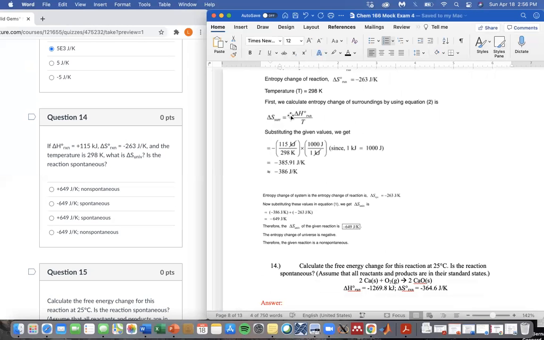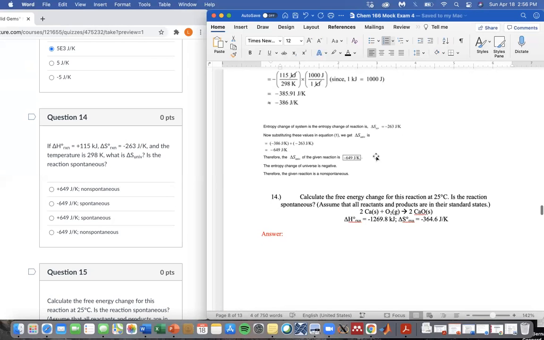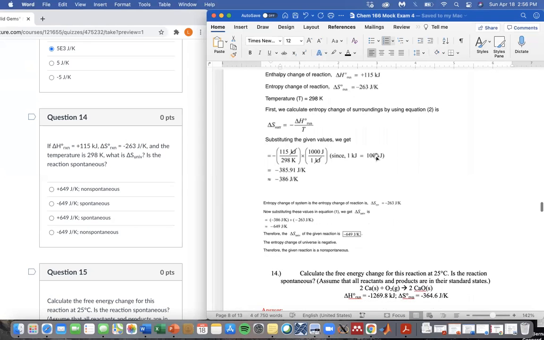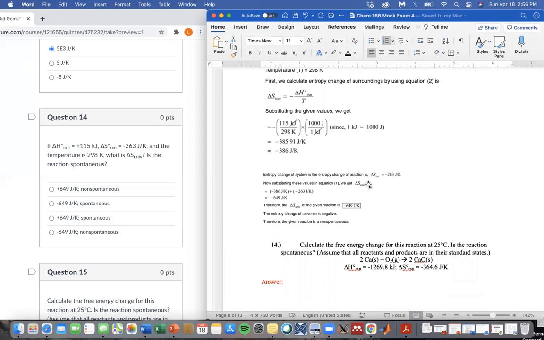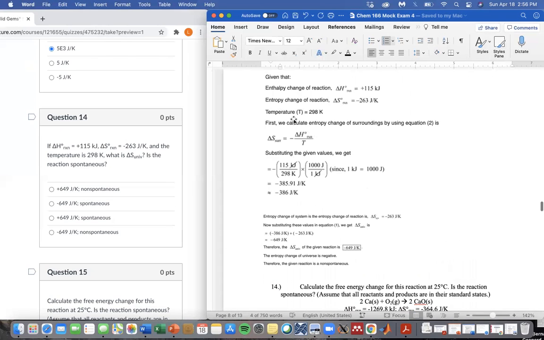So the ultimate equation that you want to end up using is delta S of surroundings equals negative delta H divided by T. First, convert your delta H into joules because it's in kilojoules right now, and delta S is usually measured in joules. So you multiply by 1,000 and then divide by the temperature to follow this delta S surroundings equation.